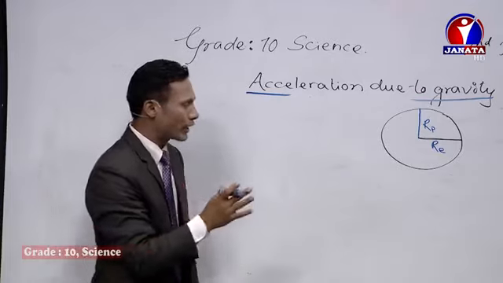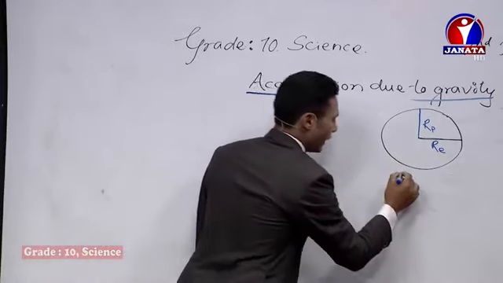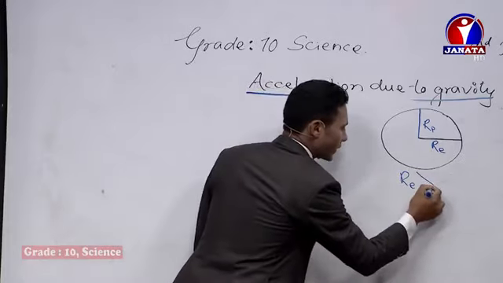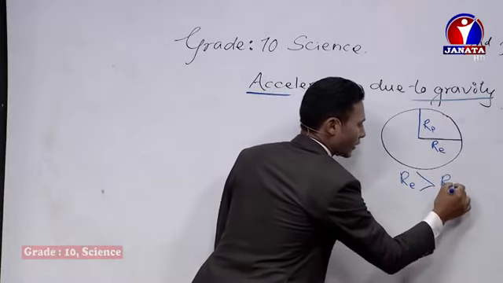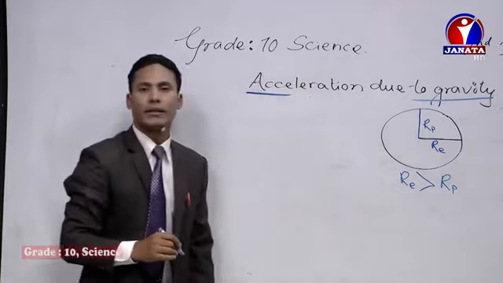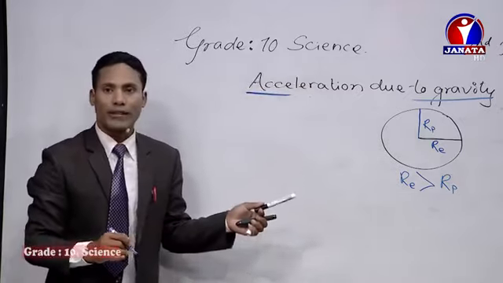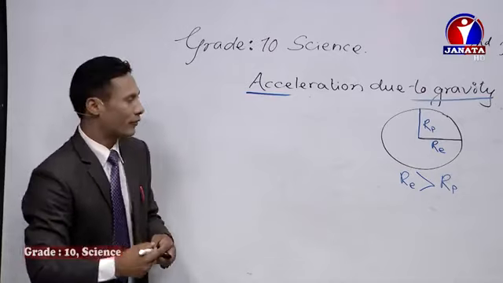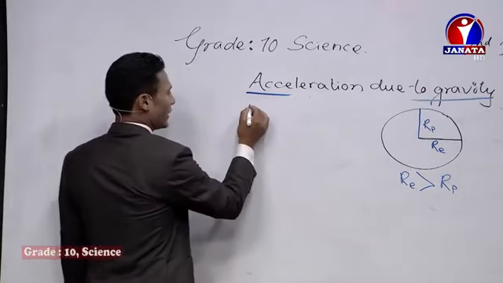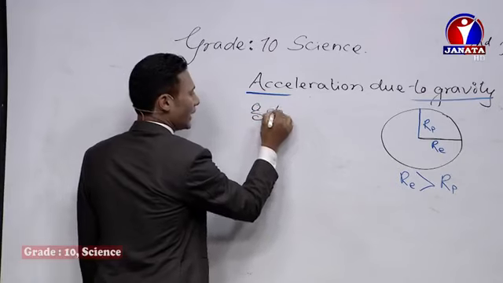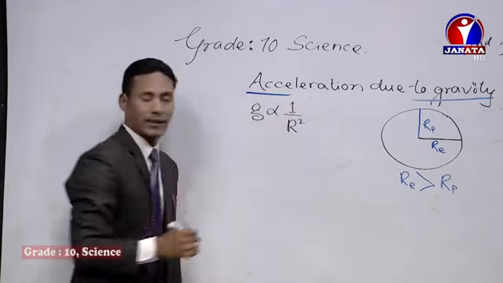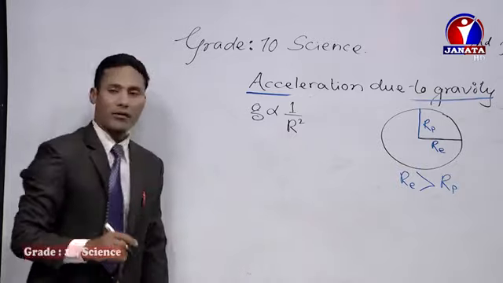Whenever we check these radii, the equatorial radius is greater than the radius of the polar region, right? So we are going to demonstrate why the value of acceleration due to gravity varies from place to place. I have already said g is inversely proportional to the square of the radius, right? It depends upon the square of the radius.